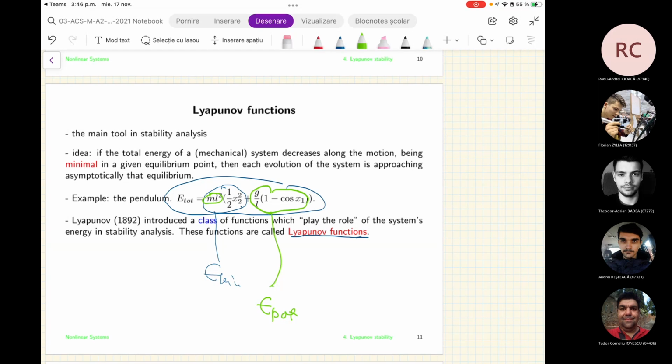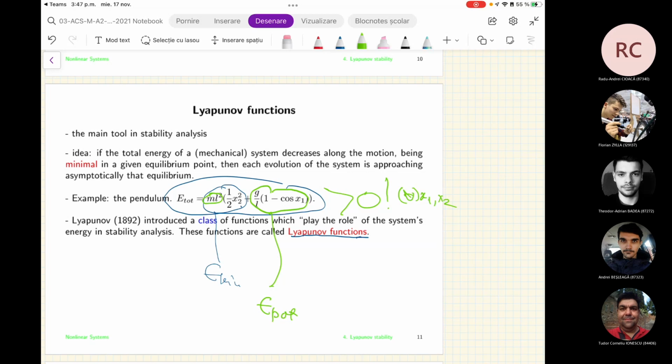Nonlinear, okay, I agree. But more than that, the values of the function, how are they? Always positive, exactly. Always positive for all x. This is very important. This is actually crucial. So probably these Lyapunov functions must be what we call positive definite.